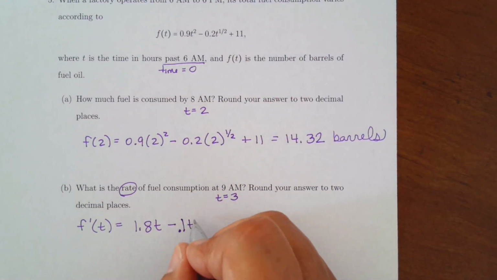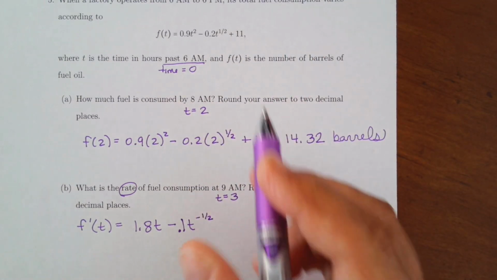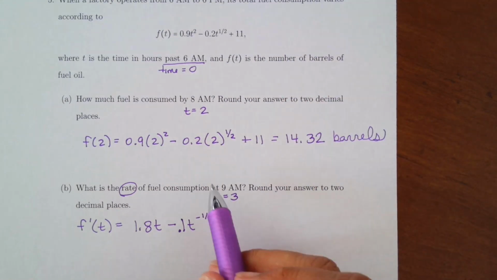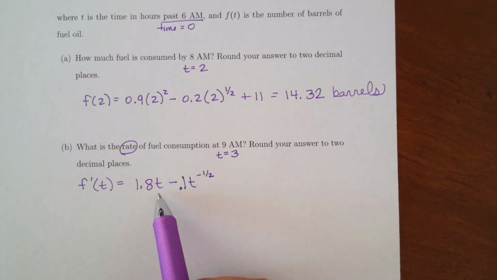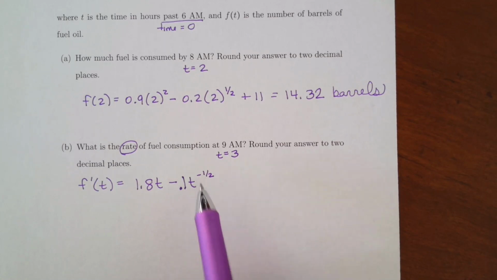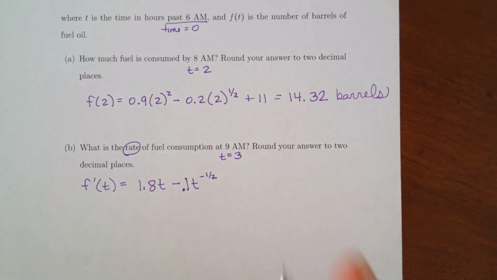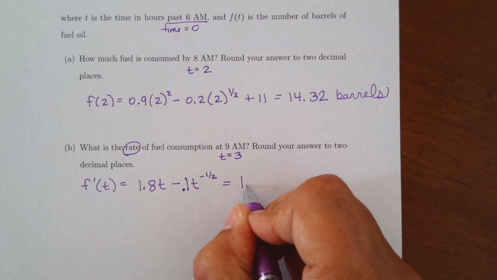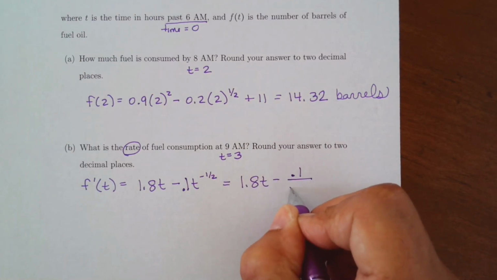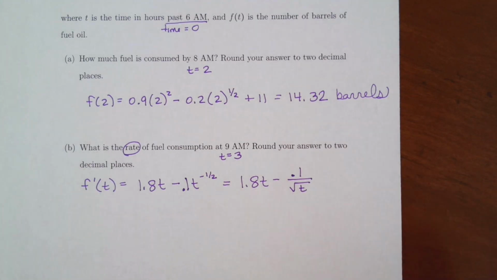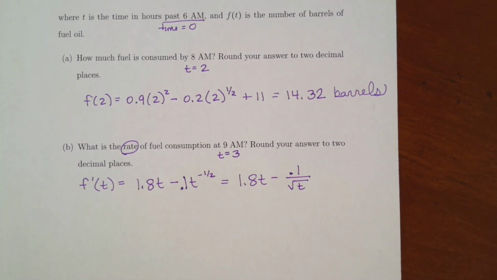So 1/2 minus 1 is negative 1/2. And then the derivative of 11 is 0. All right, so we've got 1.8t minus 0.1t to the negative 1/2. Again, that is the same thing as 1.8t minus 0.1 over the square root of t. You could do it either way. You've got a calculator, so it doesn't matter.